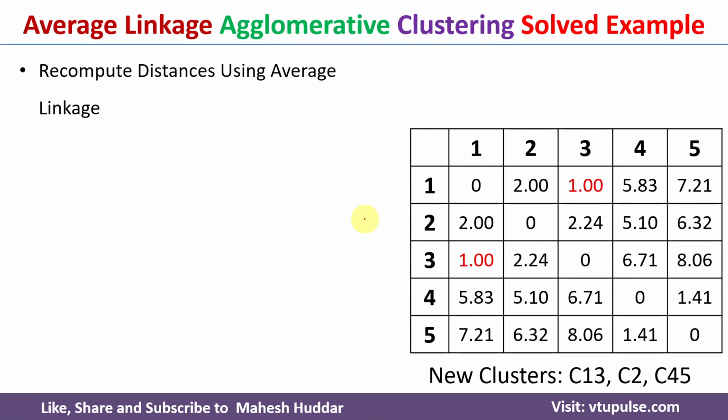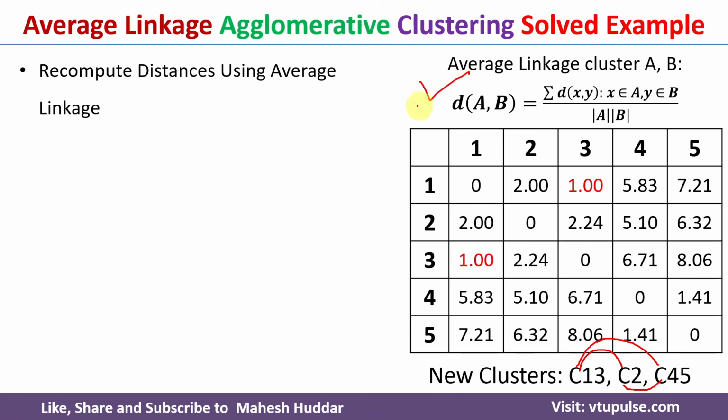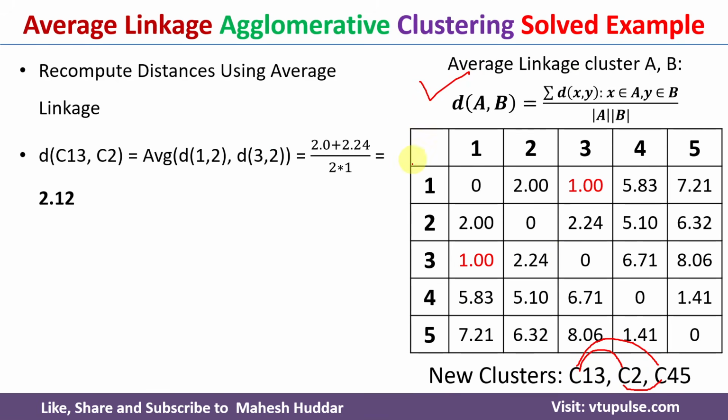After that, we need to recompute the distance using the average linkage agglomerative clustering algorithm between the clusters C13 to C2, C13 to C45, C2 to C45. That can be calculated by using this formula. First, I will consider the pair C13 to C2.